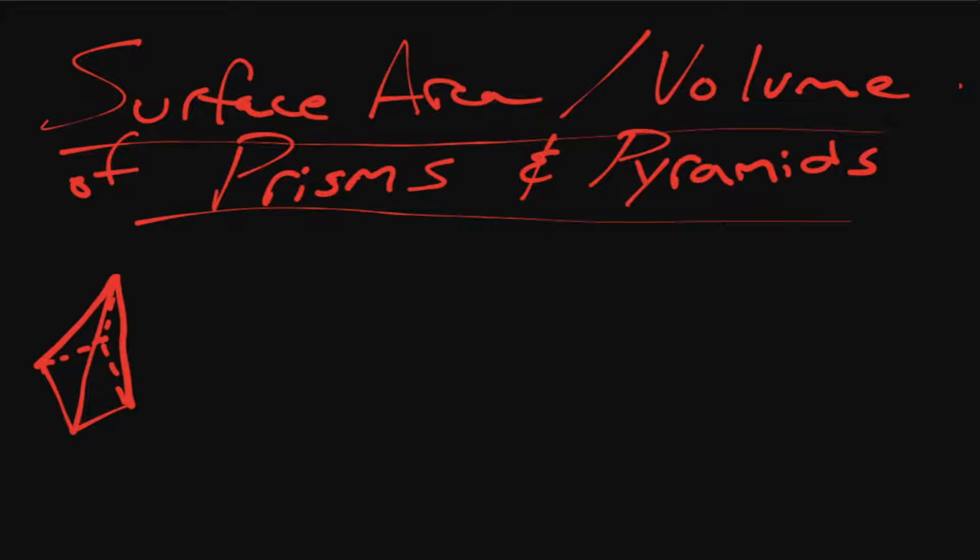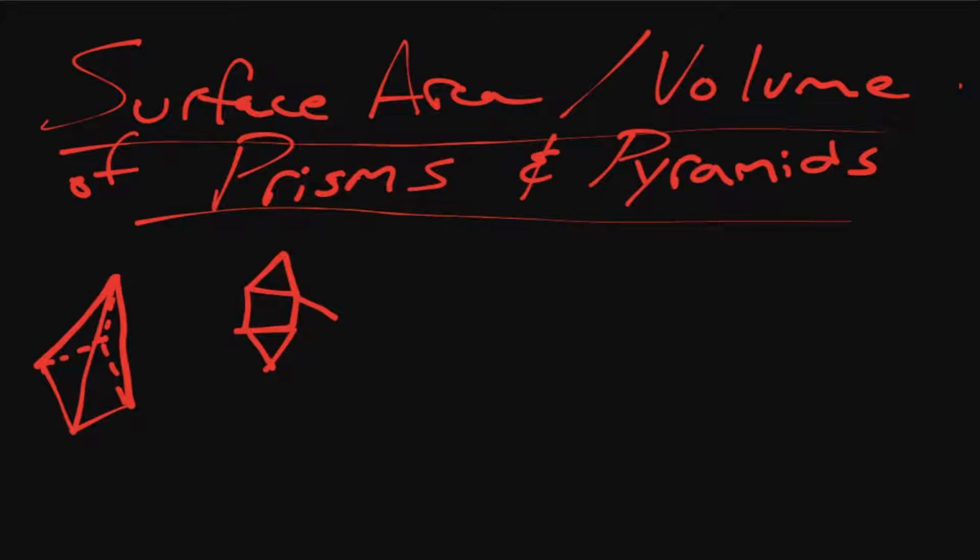So in this case we have a square base pyramid, and it has a square base and then a triangle on each side.